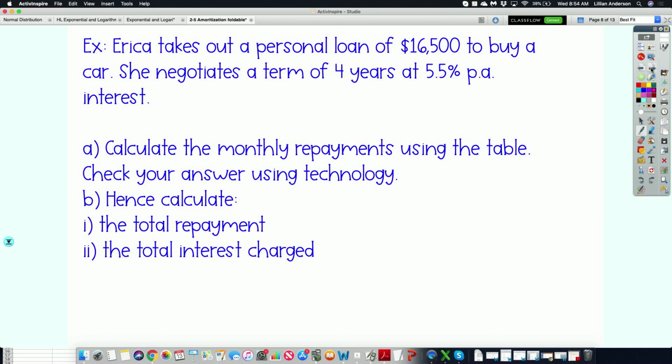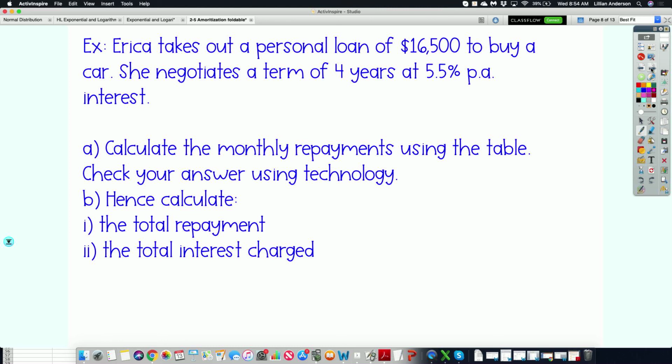Very average. She negotiates a term of 4 years at 5.5% p.a. interest. P.a. is per annum, so basically it just happens every year. It doesn't change. That's really not that bad. That's a low interest rate and a short time period for your future car buying self.